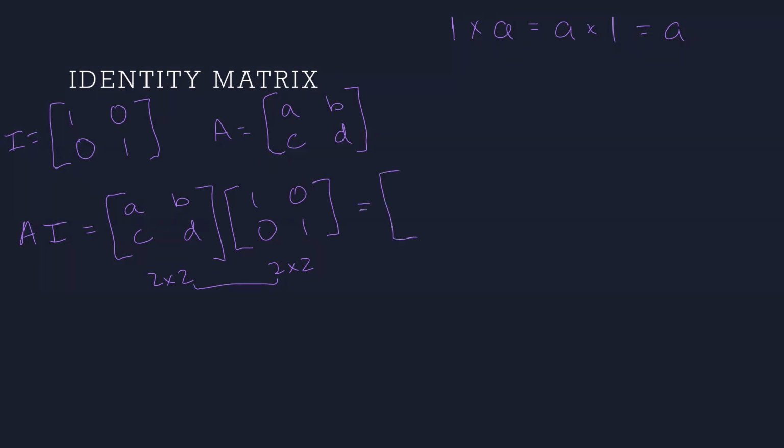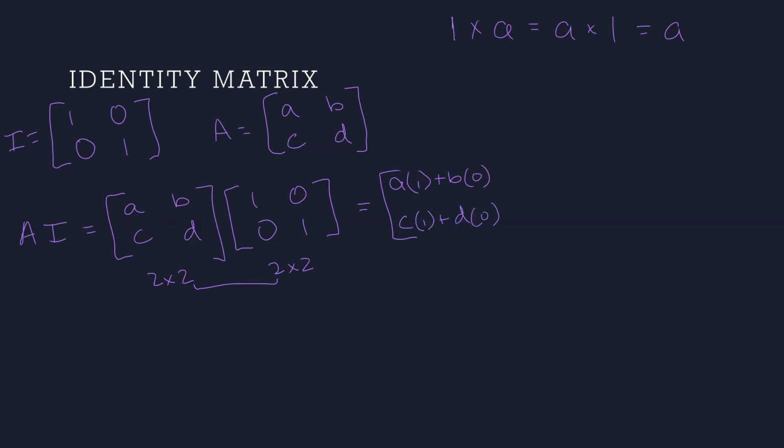To multiply them, I'm going to do the dot product of the first row by the first column. A times 1 is still A, and B times 0 is 0. Let me put some more steps in there. A times 1 plus B times 0. And then I'm going to do the second row, dot product with the first column. So C times 1 plus D times 0.